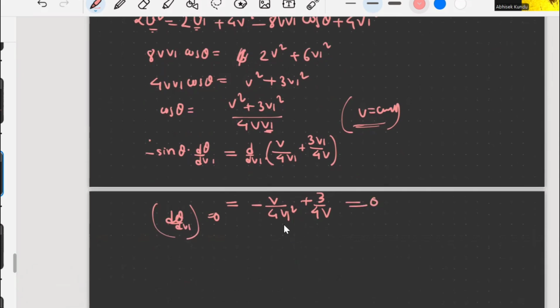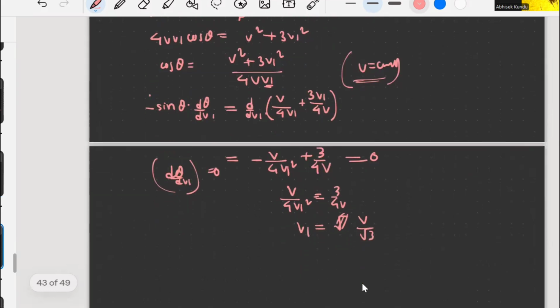Ultimately, what is the value of v1? So v by 4v1 square is going to be 3 by 4v. So v1, I am getting, is v by root 3. Yes, getting v by root 3 as the v1 value.